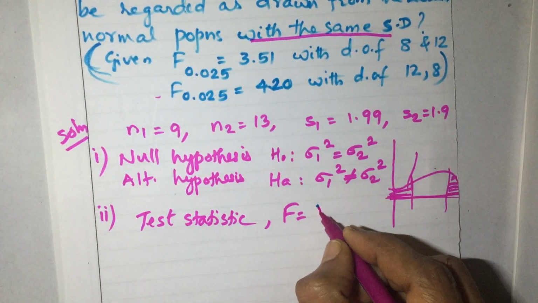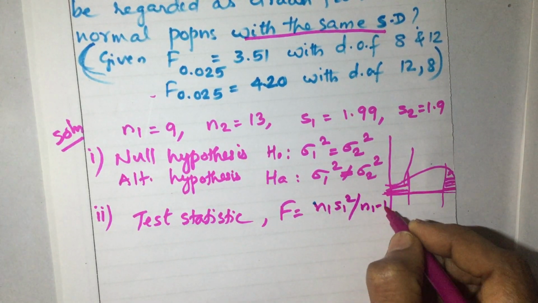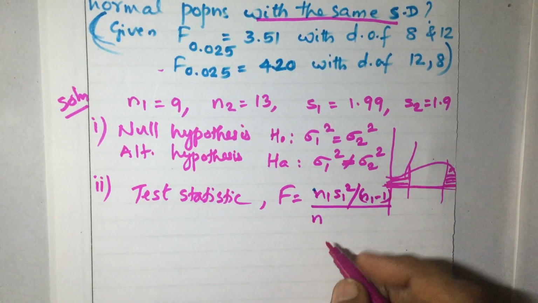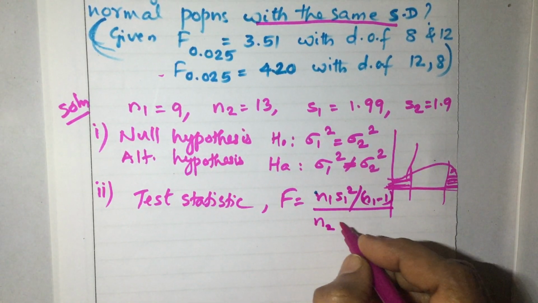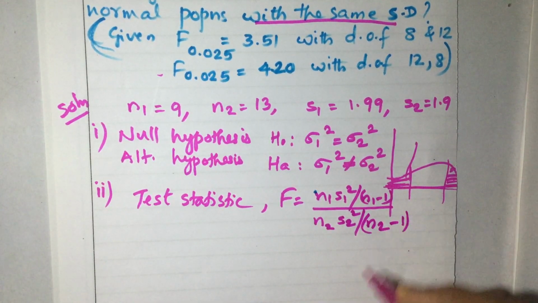That is otherwise n1 S1 square upon n1 minus 1, divided by n2 S2 square upon n2 minus 1.